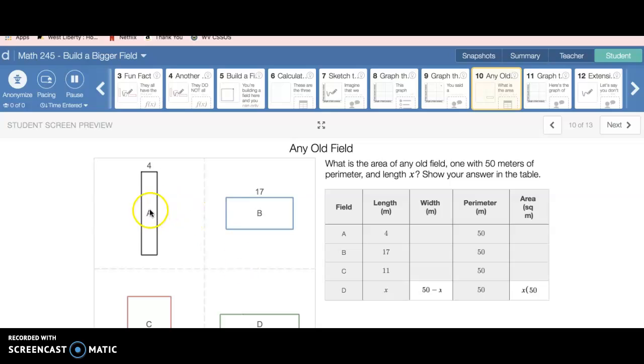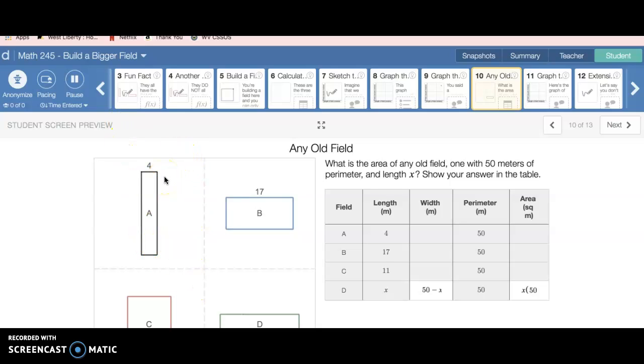So for A, we can see that we have 4. To get our perimeter, which is 50, we know that there is 50 total around the outside here. So we know the 4, which means this has to be 4 too. If we add those together, we get 8.